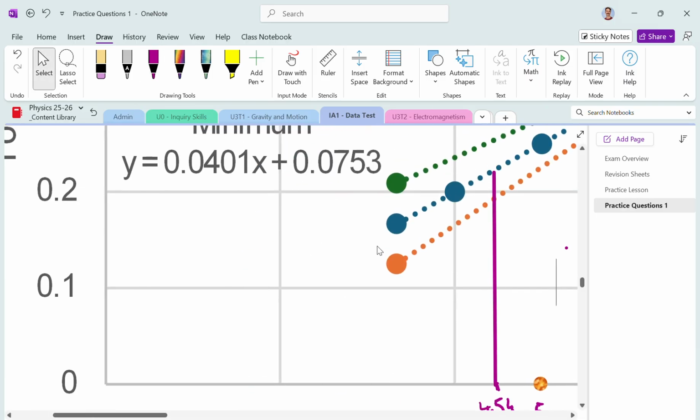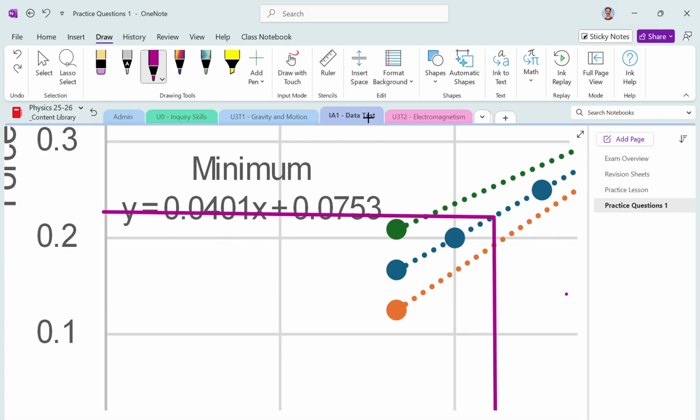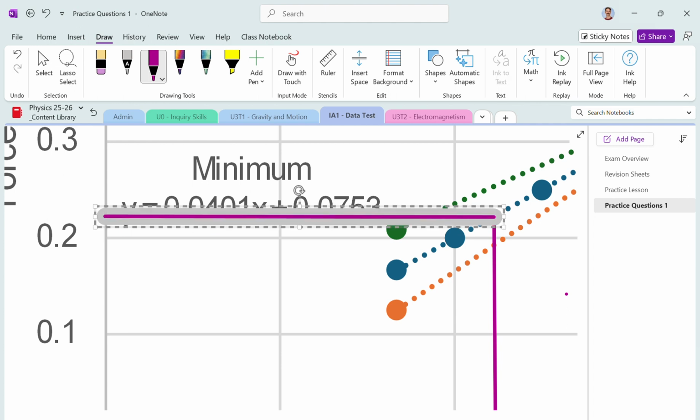Perfect. And now I will draw a line from there across to the y-axis. Let's try that again. Oh, that is not a line. Alright. So where this line intersects the trend line, we can draw that across.